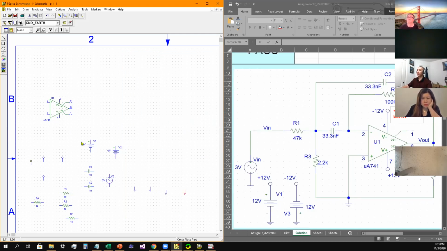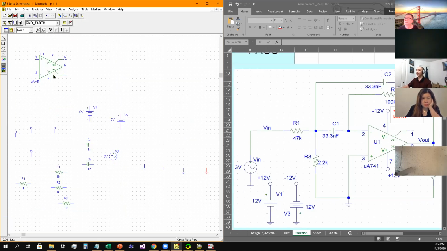First thing I want to do is make this a little bit bigger. This one right here looks like pin 3 is on top and pin 2 is on the bottom. According to the schematic, we need pin 2 on top and pin 3 on the bottom. So we have to flip this.